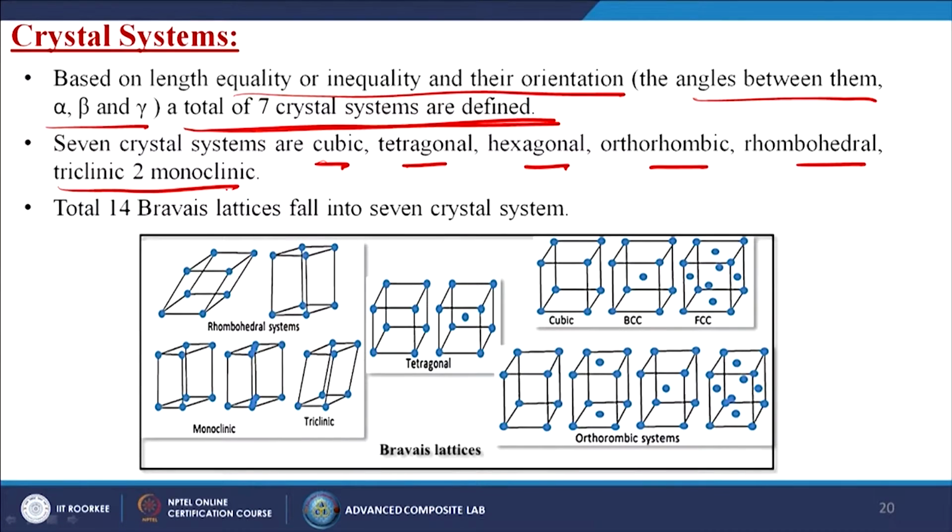So this is the example of the rhombohedral system, monoclinic and triclinic, then tetragonal, then cubic like BCC, body centered cubic, and FCC, face centered cubic. This is the orthorhombic system. So in total these are the different types of Bravais lattices.